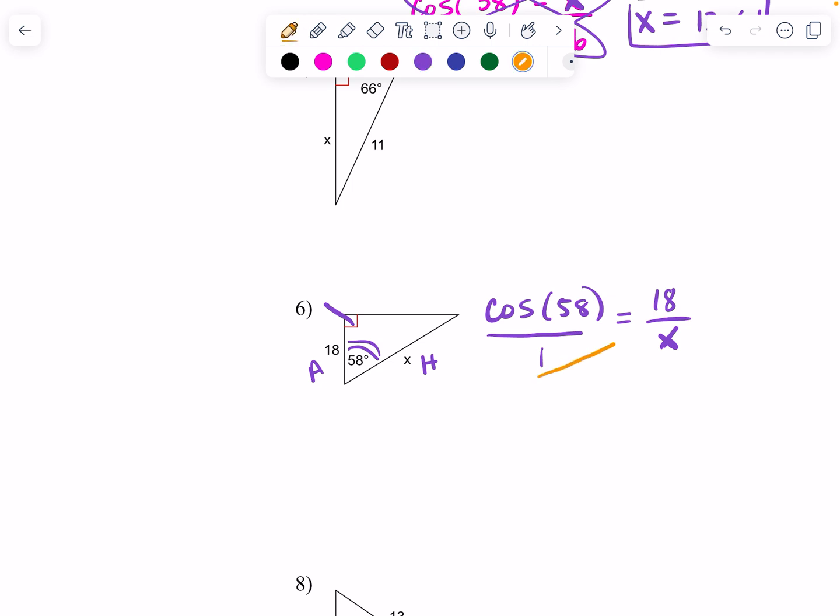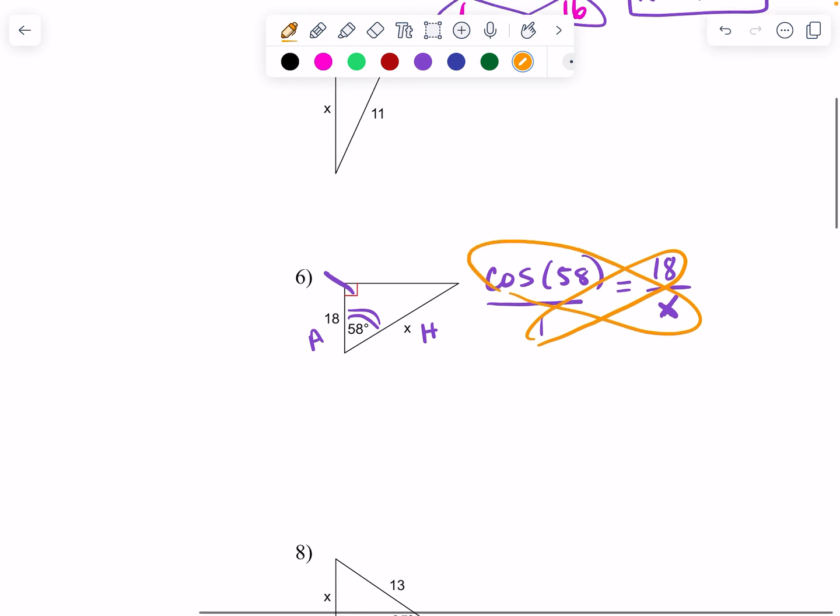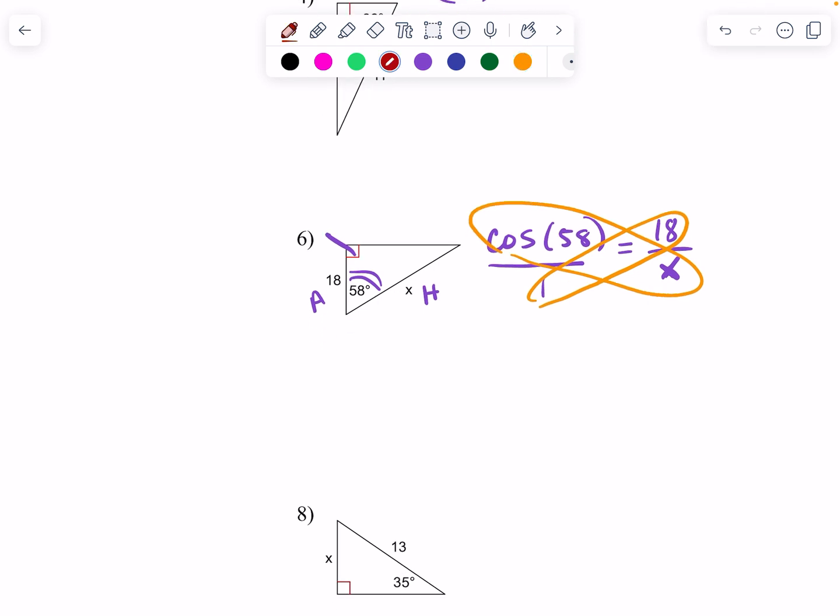So let's do our diagonals. This is 1 times 18, which is 18, and this is cosine of 58 times X. There's one extra step I need to do here because X is not by itself. The only way I can get X by itself is to do the opposite of what I see, which is multiplication, so I'm going to divide by cosine of 58.